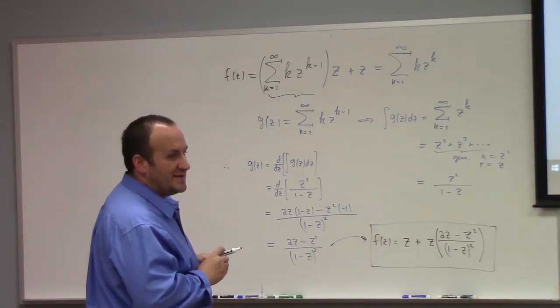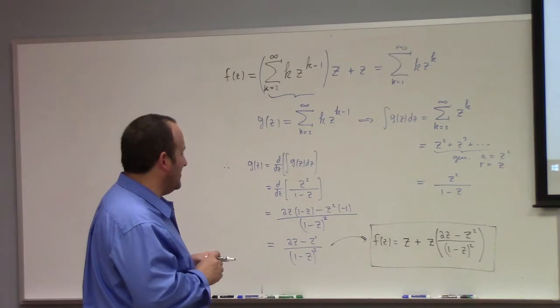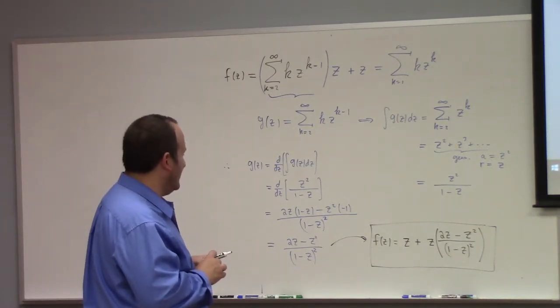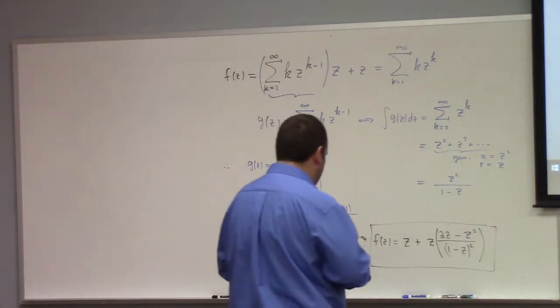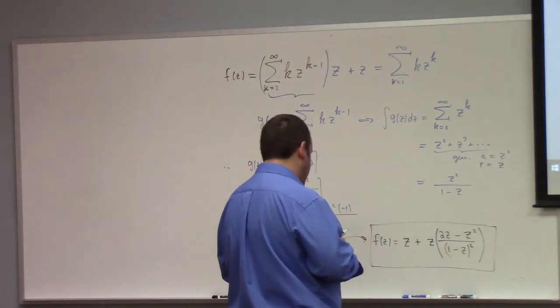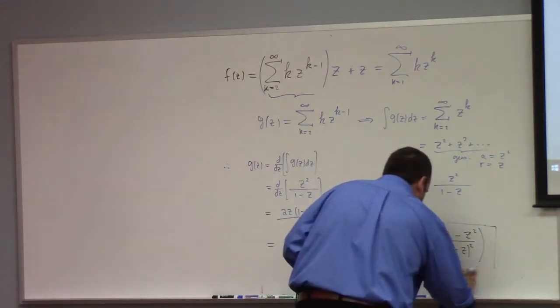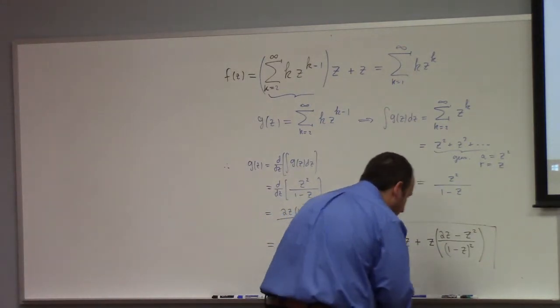What did you get? Did you get that? Mine ended up being z over 1 minus z squared. Huh, I like that answer. That sounds better than mine. Let's see what happens if we make a common denominator.